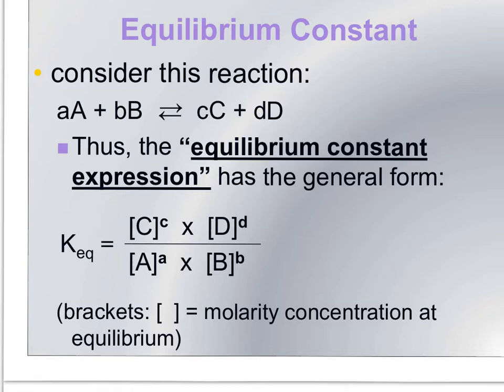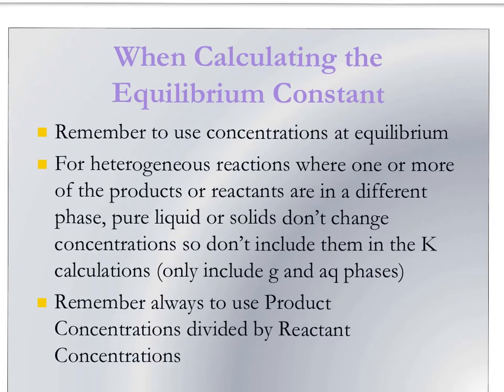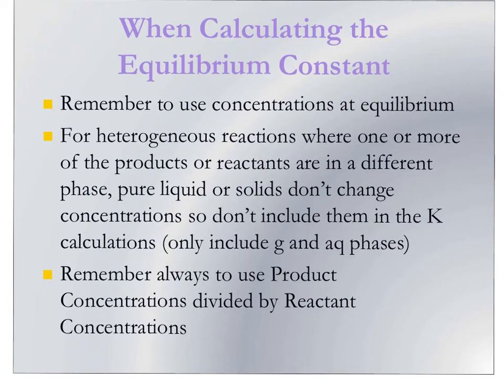It has to be at equilibrium. That's the only difference. So some things to remember. If you are calculating KEQ, the equilibrium constant, remember that you have to use the concentrations at equilibrium.